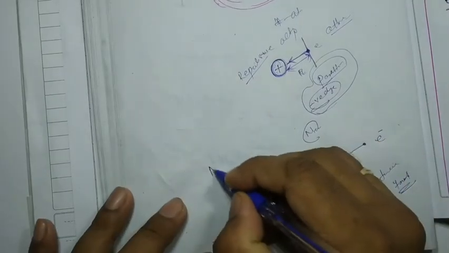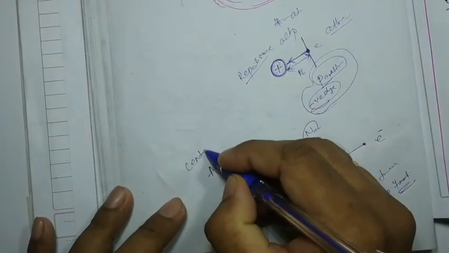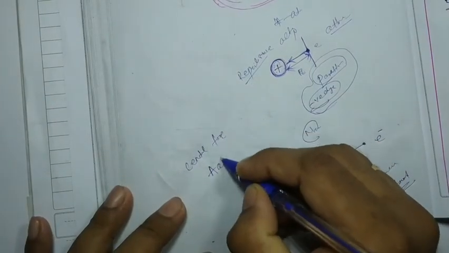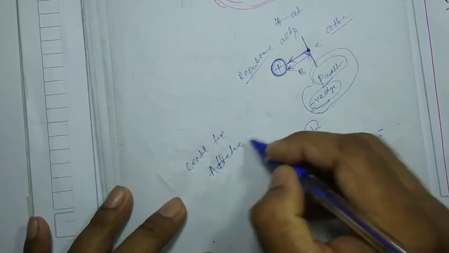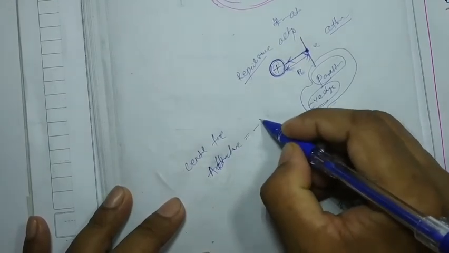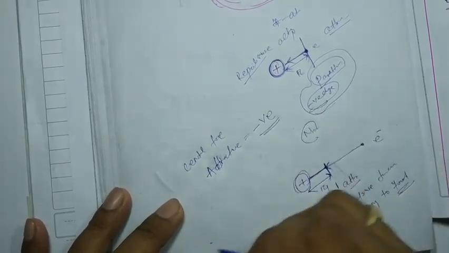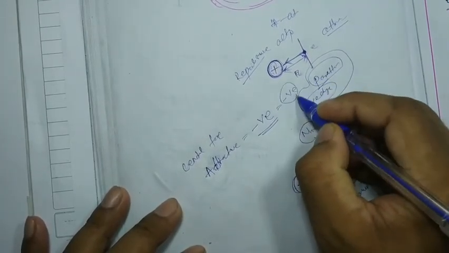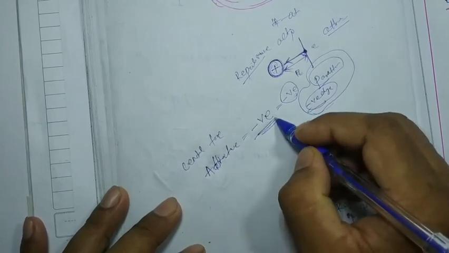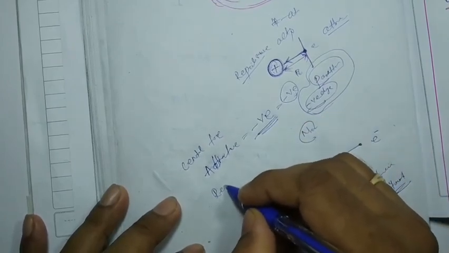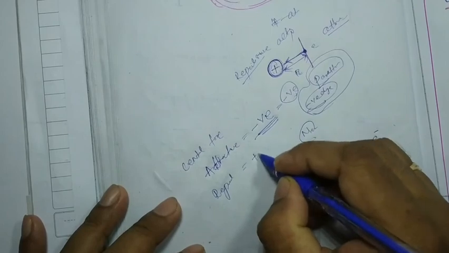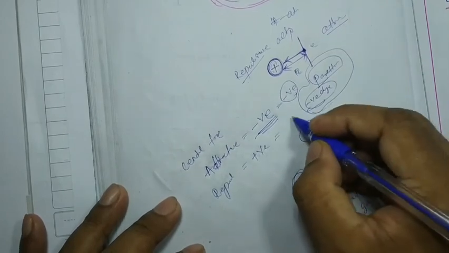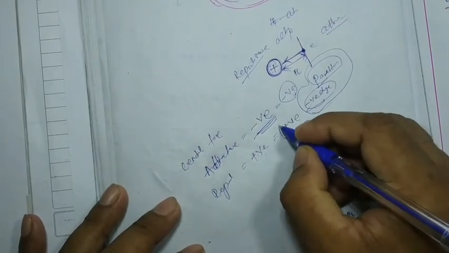And we know that if the central force is attractive, then it will be represented by negative, and the corresponding energy is also represented by negative. If repulsive, then the force will be positive and the corresponding energy is going to be represented by positive.